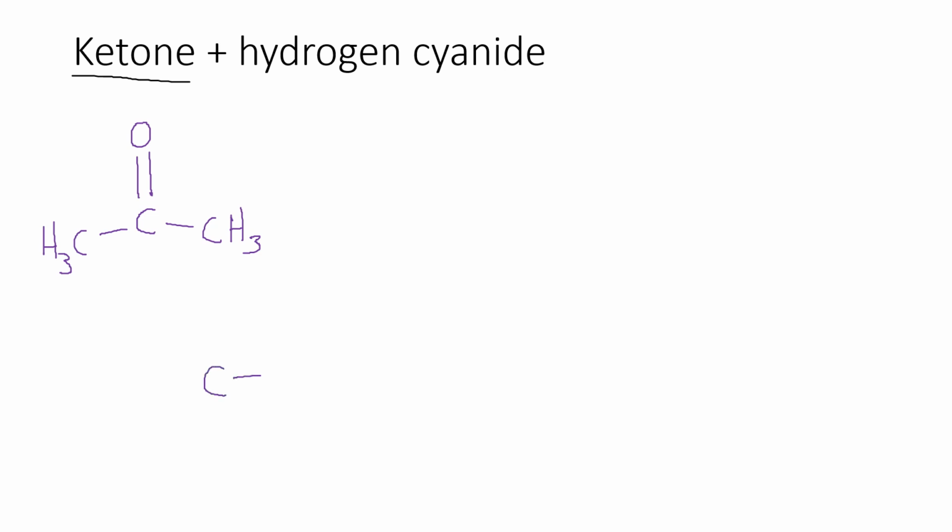And here comes your cyanide ion, C triple bond N, with a minus charge on the carbon here. We put our dipoles on to show the polarity of this double bond. And then the curly arrow, same as before, from the negative charge on the carbon to the delta positive carbon. Make sure your curly arrow is going in that direction. And then the double bond breaks with both of the electrons moving onto the oxygen.